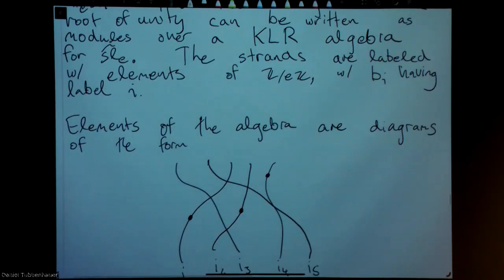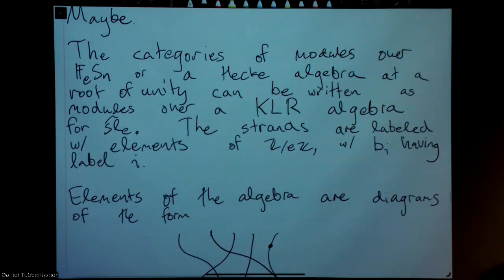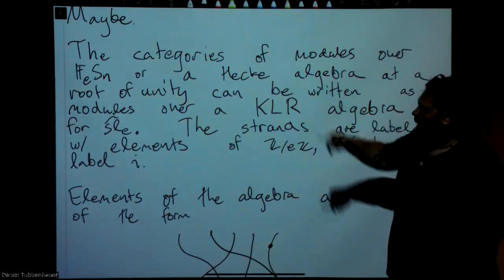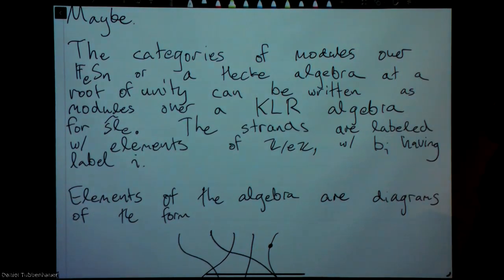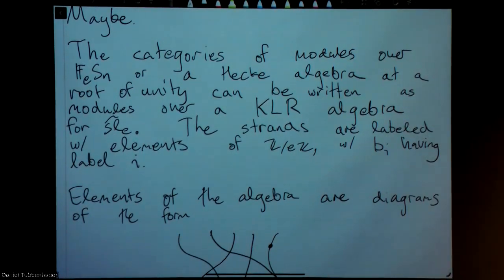Okay. So I'm very short on time, so I apologize to people who don't know this story, but I think there are enough people here who do that it's worth mentioning. So if I want to look at FpSn, where e is prime, or a Hecke algebra at an eth root of unity, of course, I can write that as a KLR algebra for SLe hat.